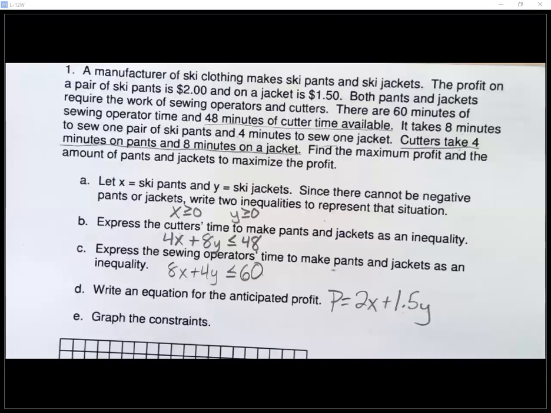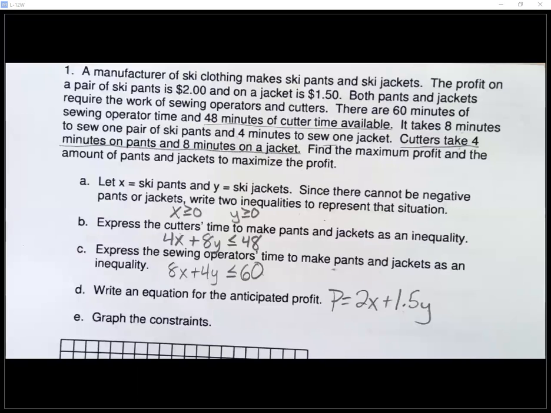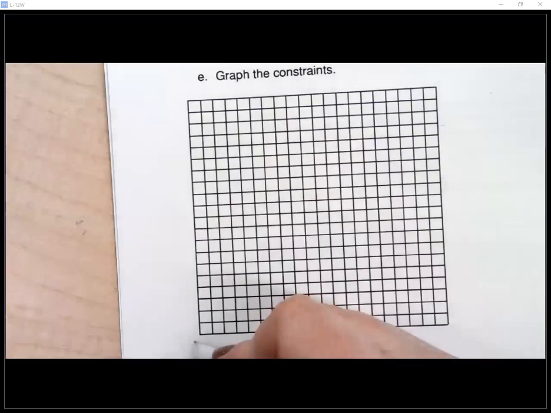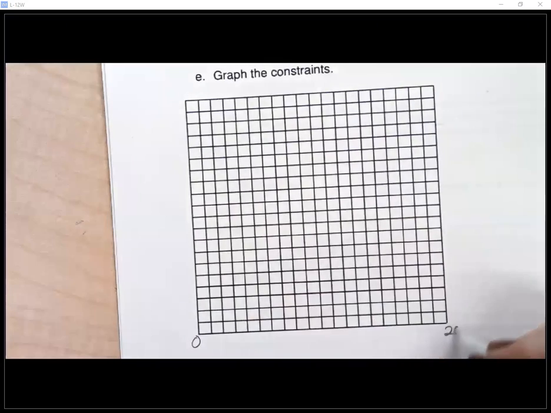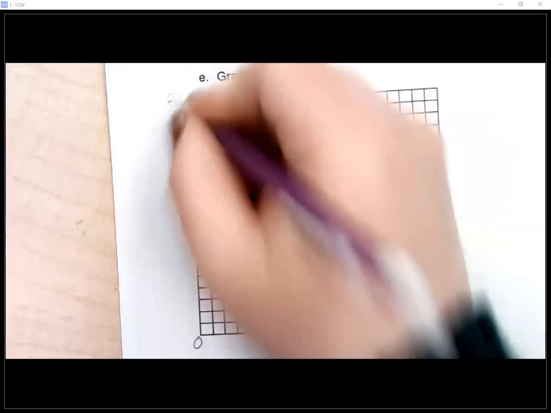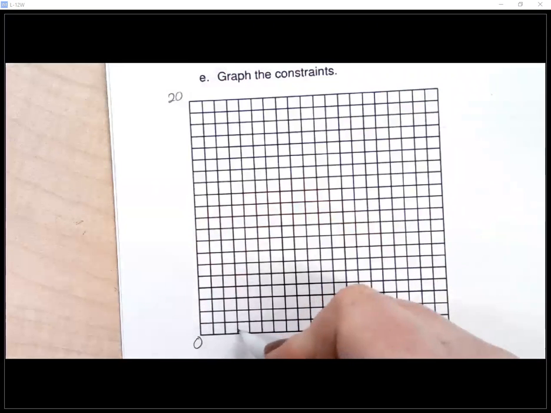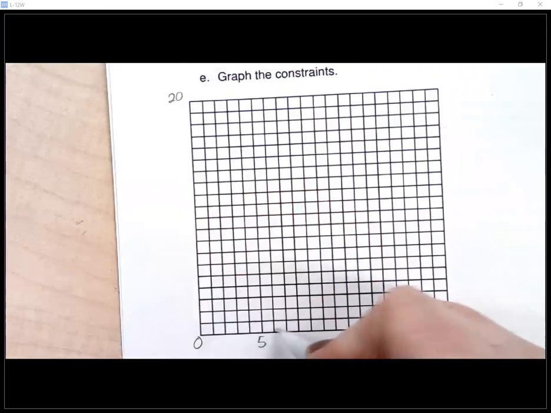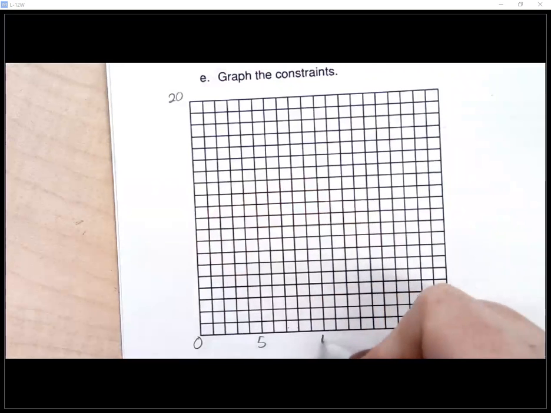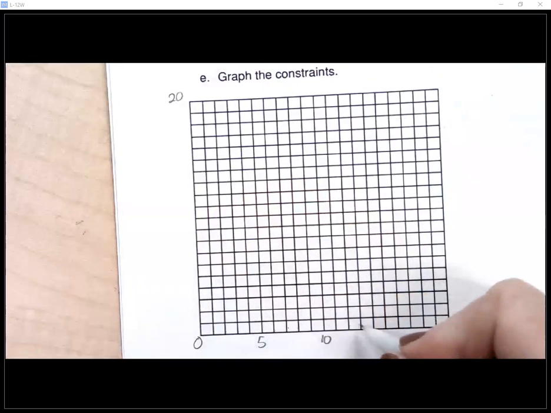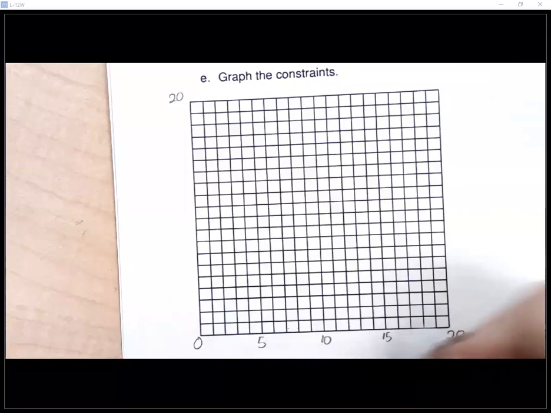So I think when I did this one, I just did a scale of every line was 1 and it fit just fine. I think there's 20 all the way across. Yep.